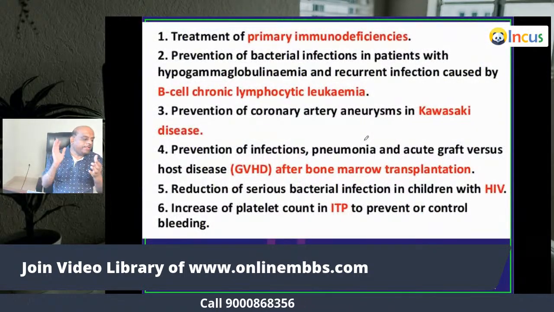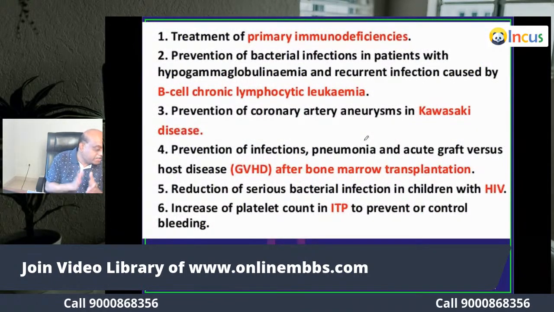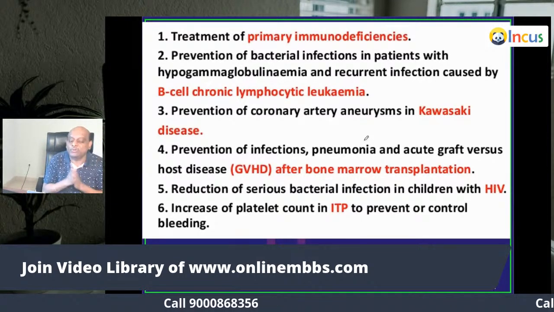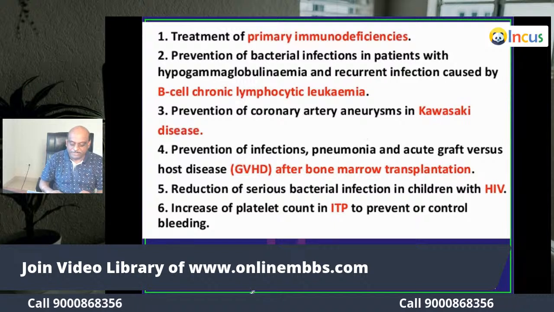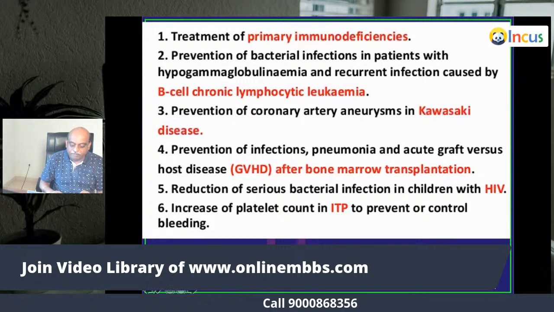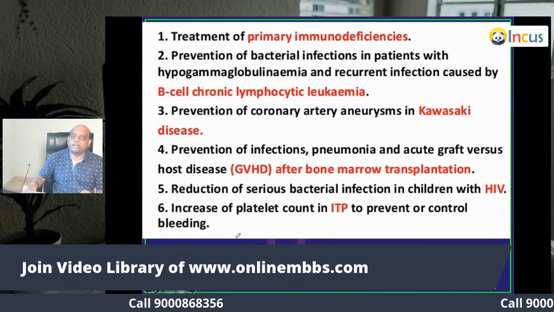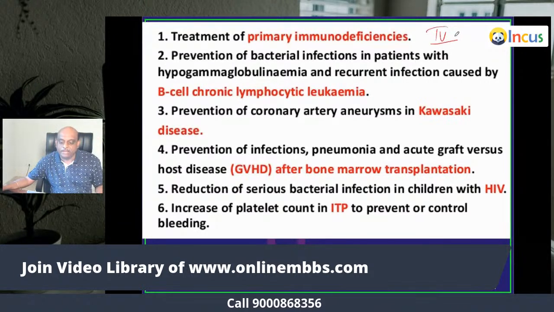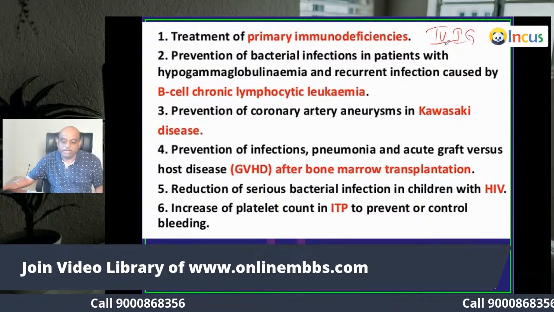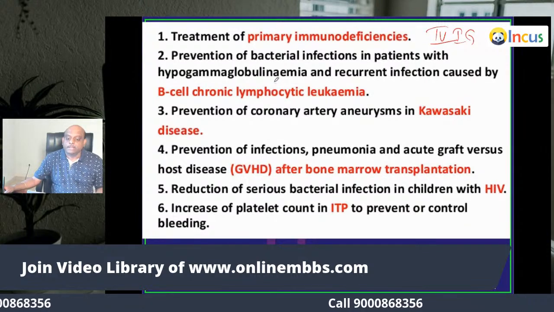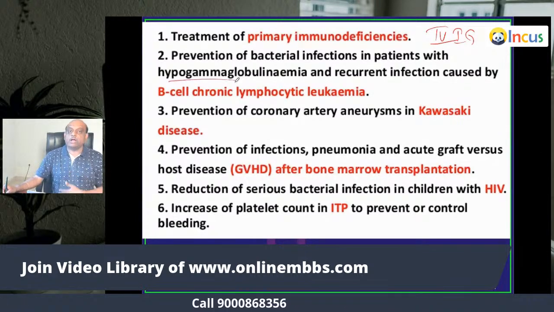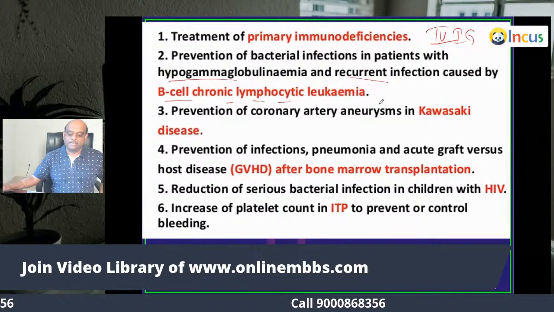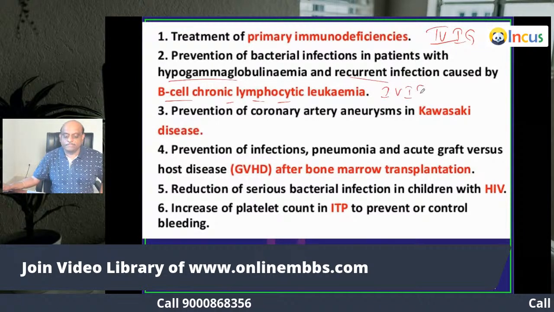So what are all the FDA approved indications for IV immunoglobulins? Please don't forget this very important list, which is a favorite question of the examiner. Primary immunodeficiencies, you will give IV immunoglobulin. Hypogammaglobulinemia with recurrent infection, B-cell CLL, IV immunoglobulin.